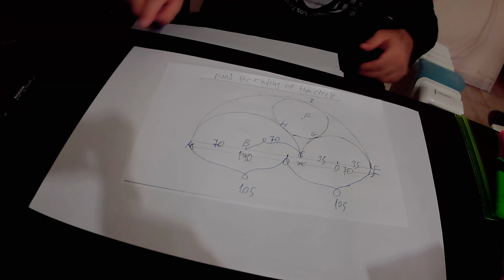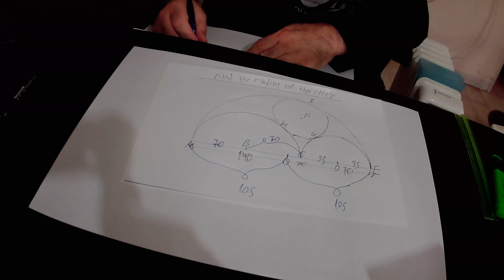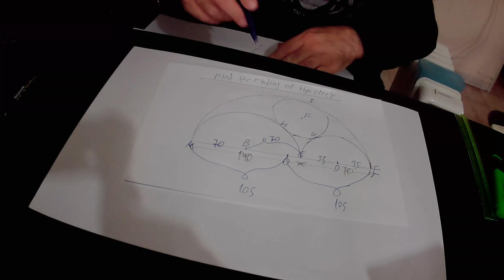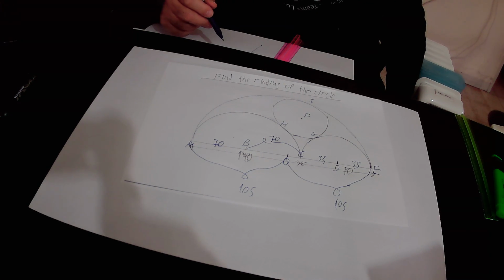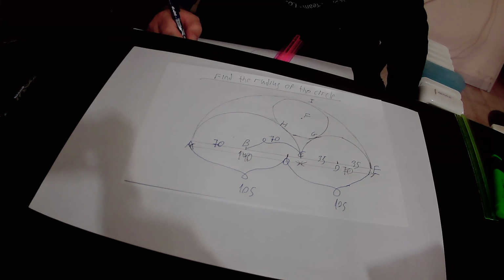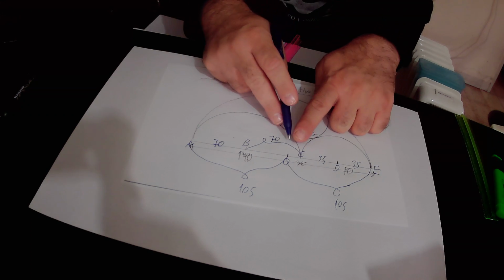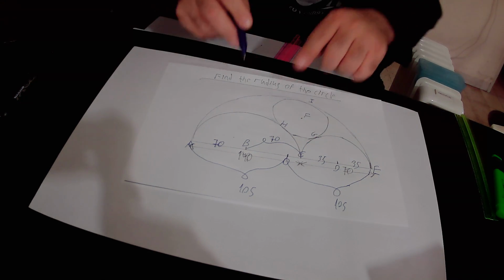I'll write it down. The length of line segment BO is equal to OA minus BA.